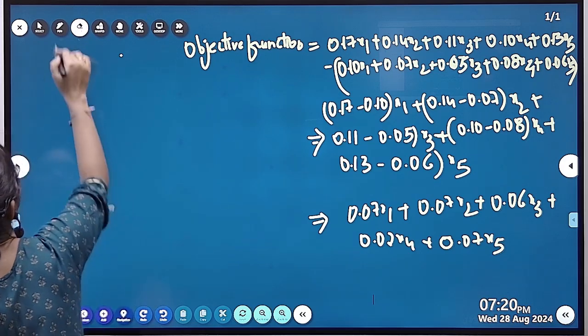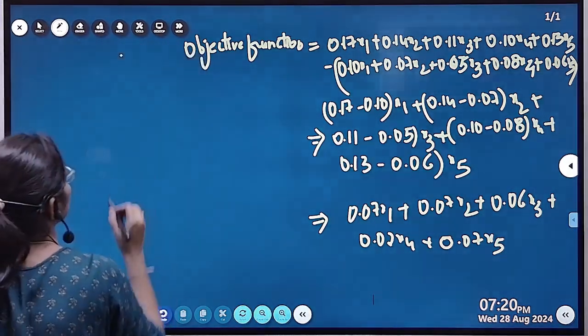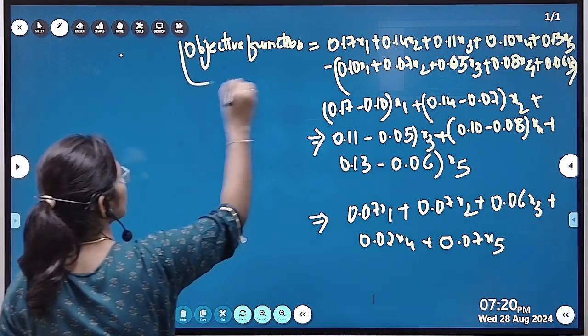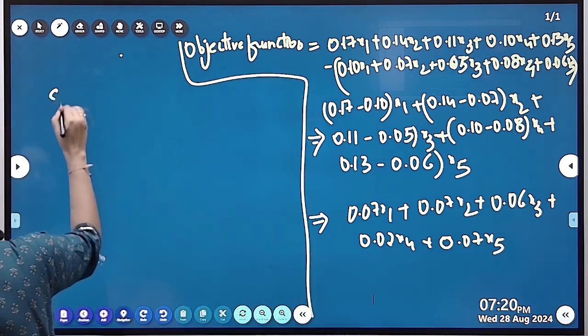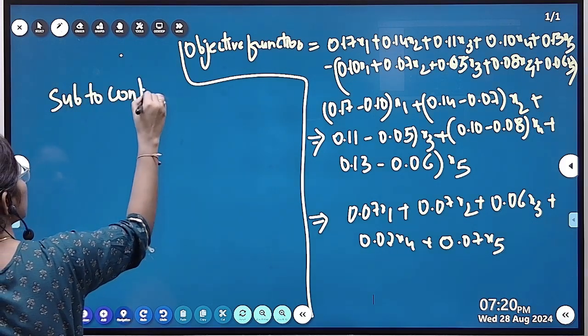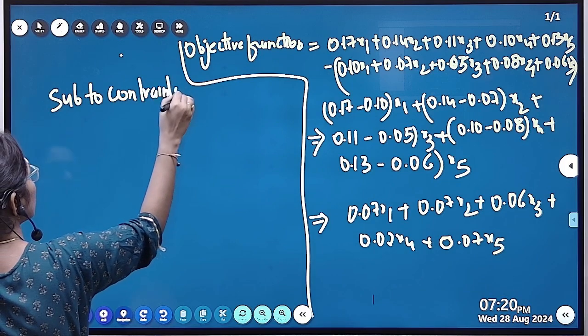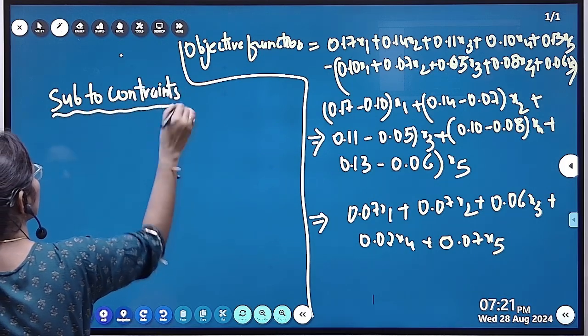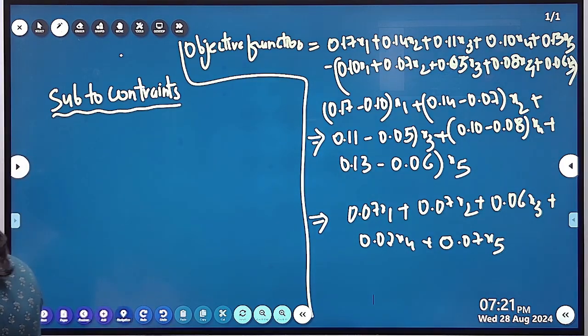So tell me constraints, subject to constraints. What is the first constraint? The bank is in the process of formulating its loan policy involving a maximum amount of 600 million.